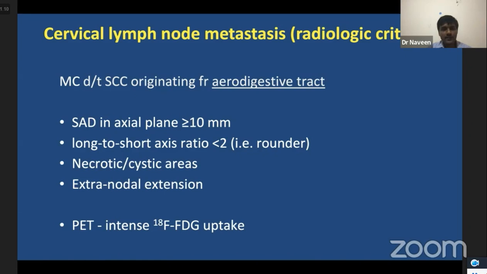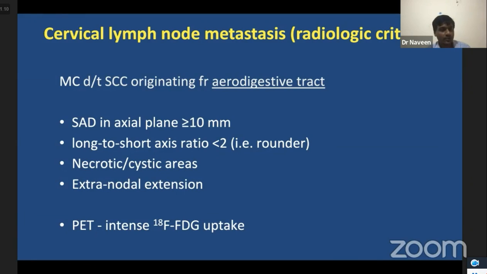The radiological features which help in diagnosing whether it's a metastatic or reactive lymph node are these. Metastatic lymph nodes have an extranodal extension, which can appear as an enhancing irregular border surrounding the outer border of the lymph nodes, extending to the adjacent structures.